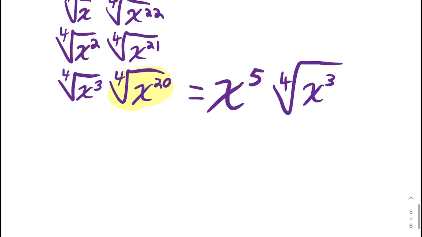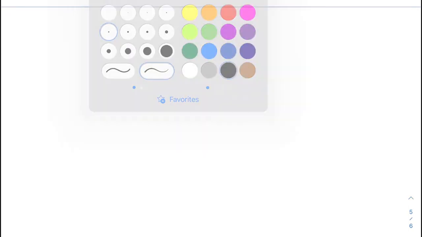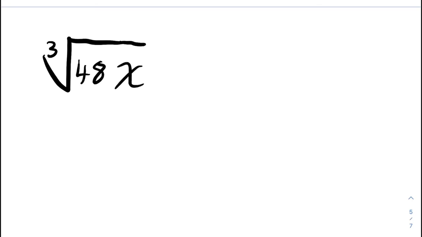Alright, so let's try one where we mix up the coefficient and the variable and see how that works out. So let's say I was looking for the cube root of 48 x to the power of, let's say, 20.